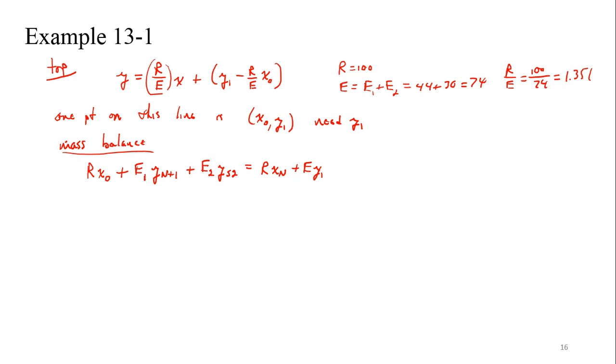So that means now we can solve this for y1. y1 is equal to R x naught plus E1 y sub n+1 plus E2 y s2 minus R x sub n, divided by E. And we know all these values, right? So we're going to have 100 for R. It's constant all the way through.